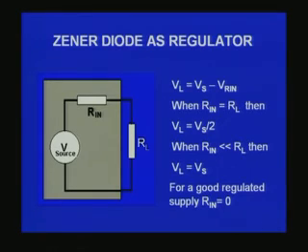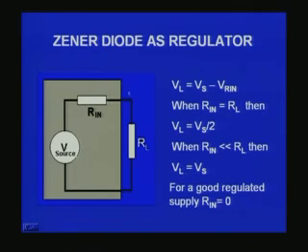Now let us look at the slide. You find here an unregulated power supply with a voltage source Vs and internal resistance Rin connected to an external load RL. Now if you want to find out the voltage across the load, VL will be equivalent to Vs, the source voltage, minus the voltage across Rin, the internal resistance.